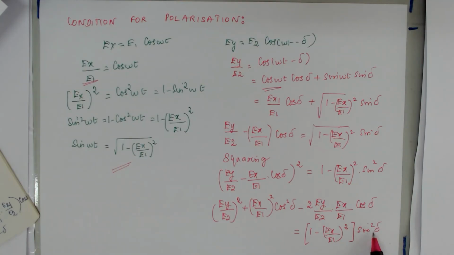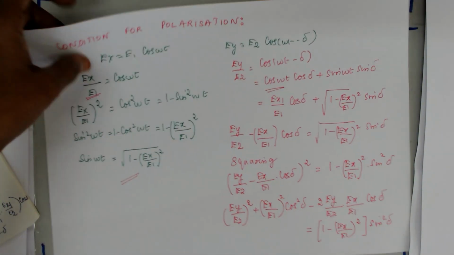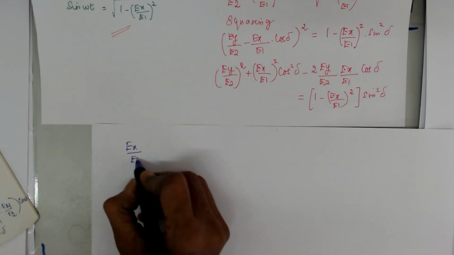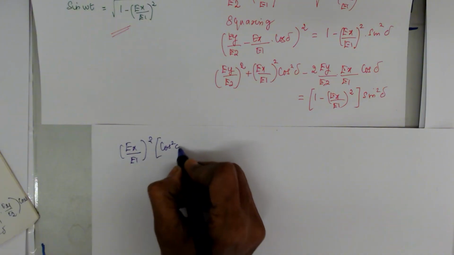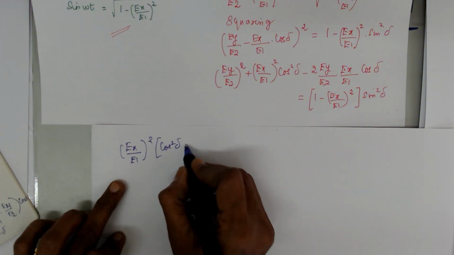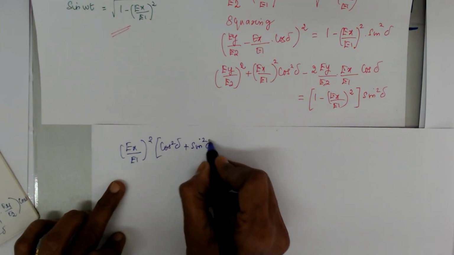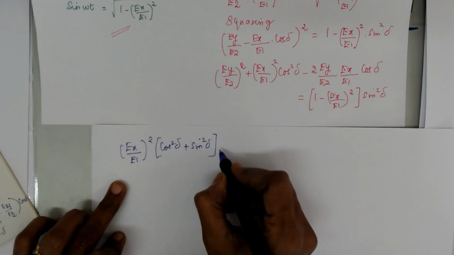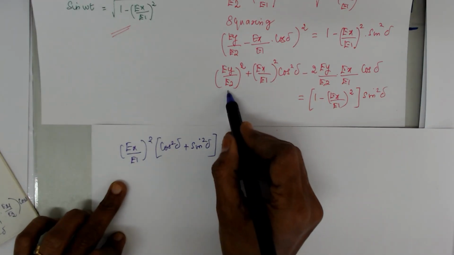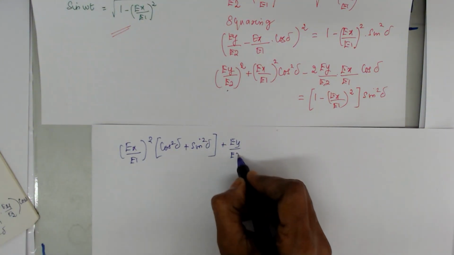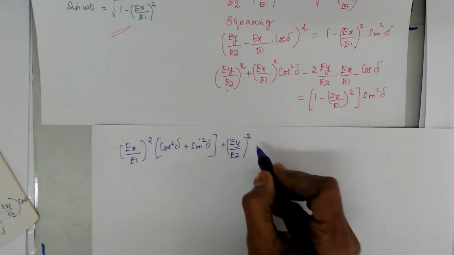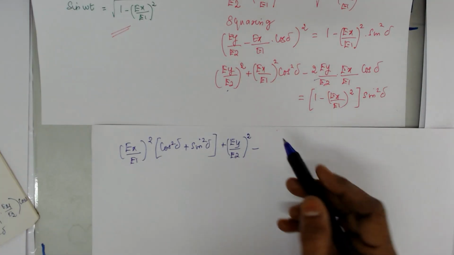Bringing the sine square delta term to the left hand side, we can simplify further: Ex divided by E1 the whole square into cos square delta plus sine square delta, and on the left hand side we already have Ey by E2 the whole square. Therefore Ey divided by E2 the whole square minus this term remains as it is.